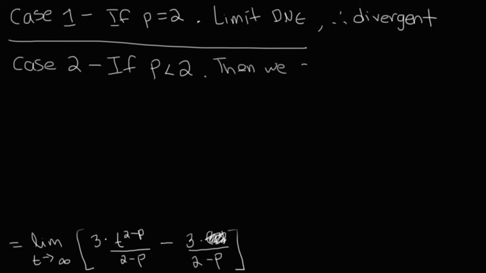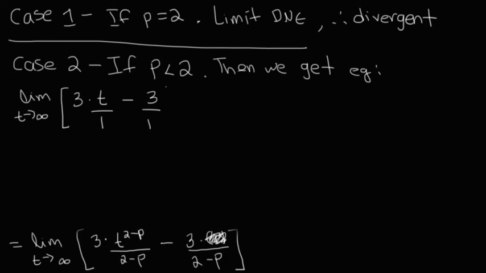Now, what you could do is take concrete values if you want, just to make it look a little bit easier. Then we get, for example, the limit as t approaches infinity of, if p is less than 2, let's say p is 1, you'd get 3 times t all over 2 minus 1, which is 1, and then minus 3 all over 1.